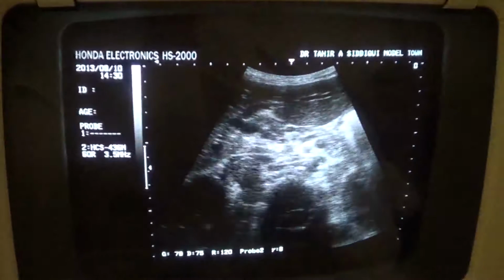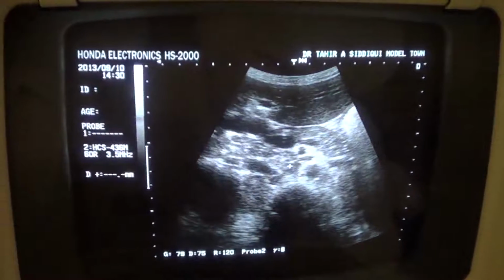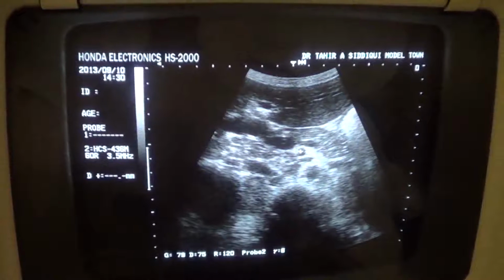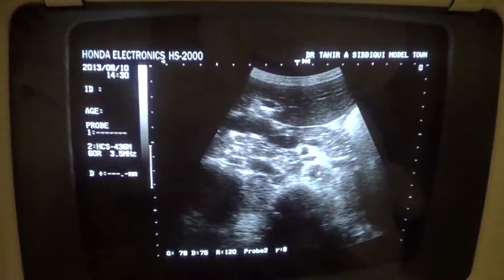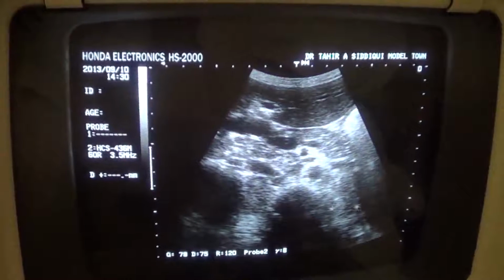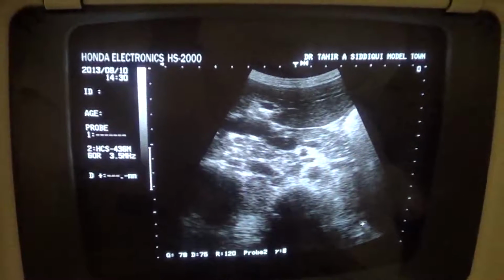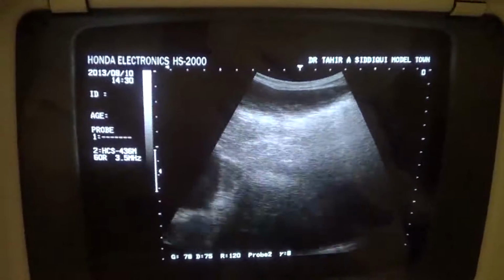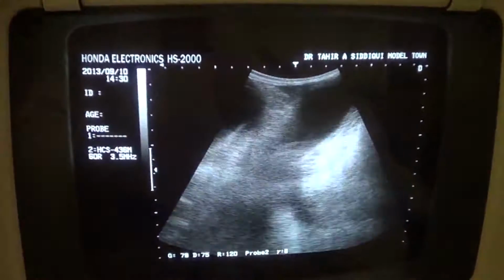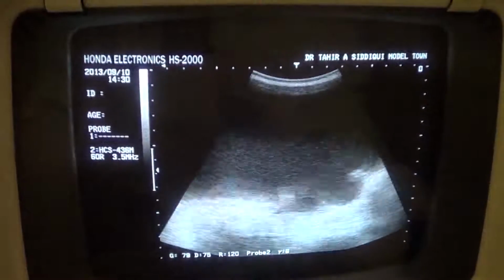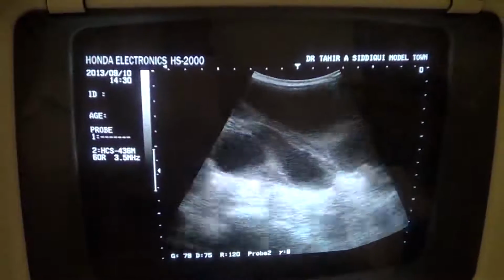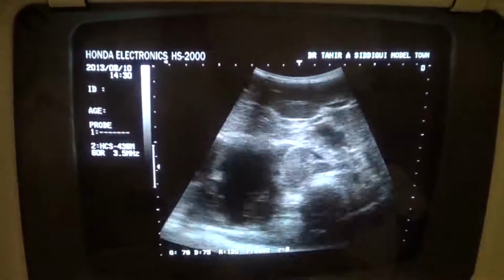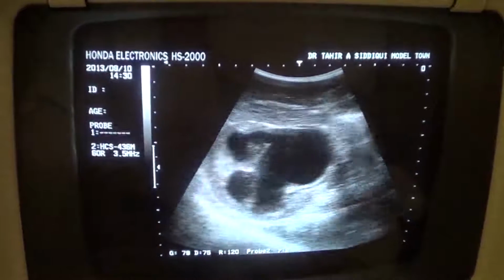Here you see this is the pancreas, the splenic vein, the superior mesenteric artery, and this is the aorta. This is the right kidney in transverse, this is the left kidney in transverse section. So with lax abdominal wall and all these findings, this case is a case of Prune belly syndrome.